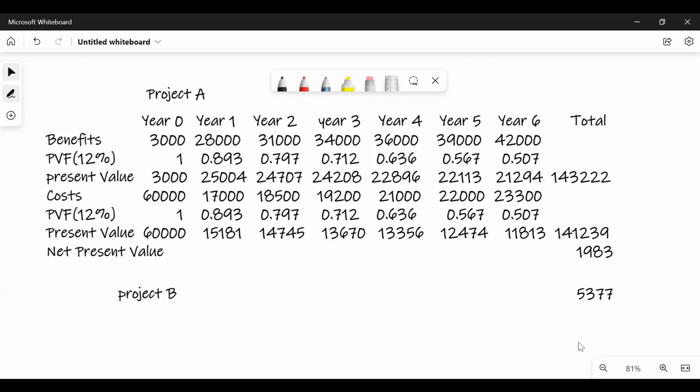Right. The idea is very simple, right? Now, instead of ROI, return on investment, that we calculated in the previous session, we look at only the total cost and benefits. But in net present value, since we are getting them at different times, we consider the timing as well. So we define something called the present value factor, and we have an interest rate, let's say 12% in this example.